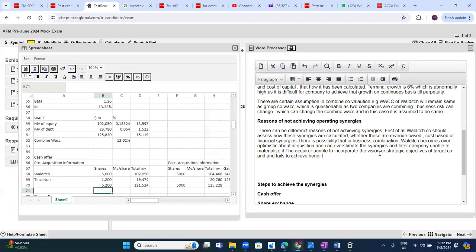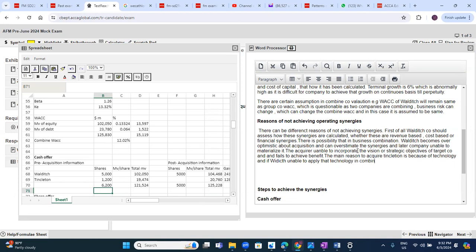And if you are unable to use the innovative method, then obviously that synergy will be gone. The main reason to acquire the target company is because of technology. And if W company is unable to apply that technology in combined business, company will fail to achieve synergy, right?